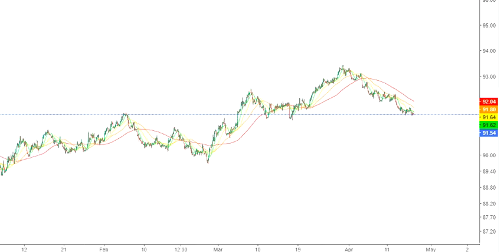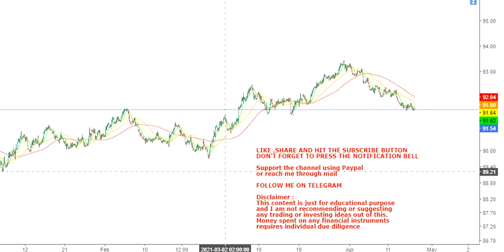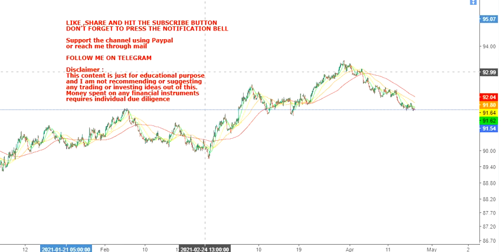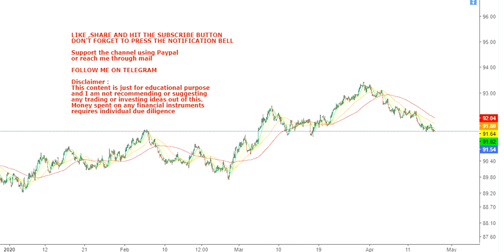So one should not have any doubt about the market trend and where it is currently heading right now.